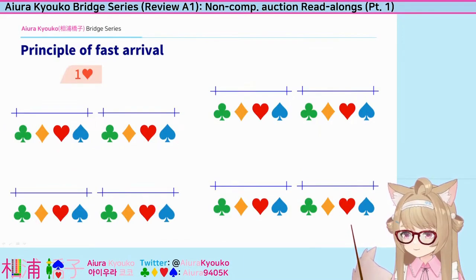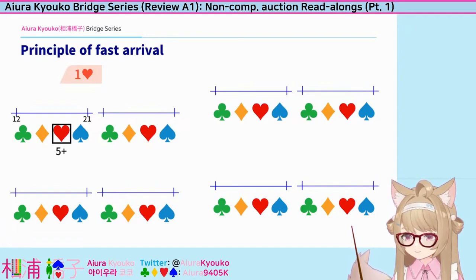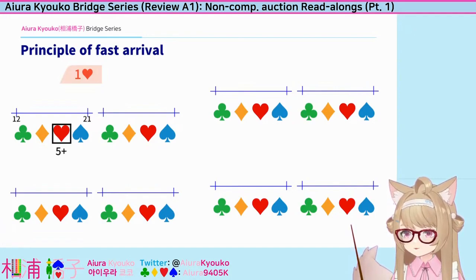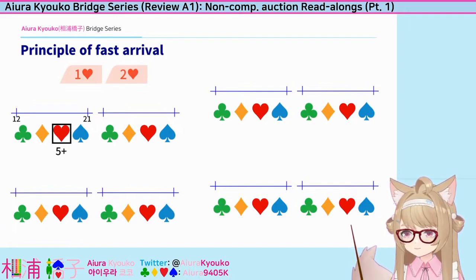So on the info tracker, you would write 12 on this and 21 on here. And you would also write 5 below the heart. And also you would frame it in a square.